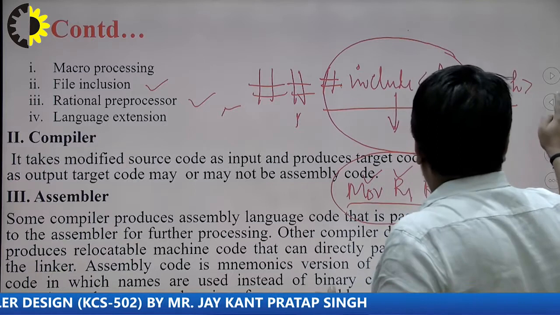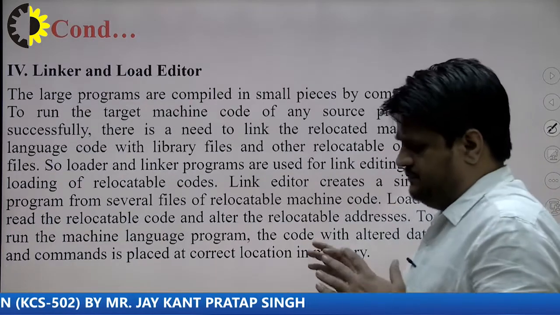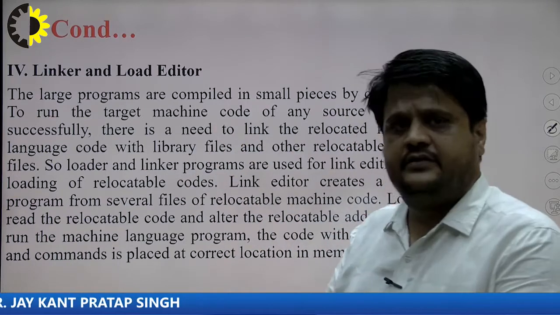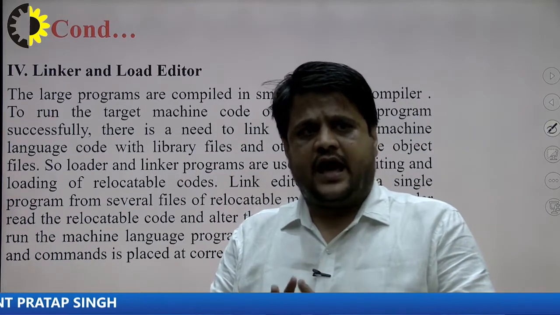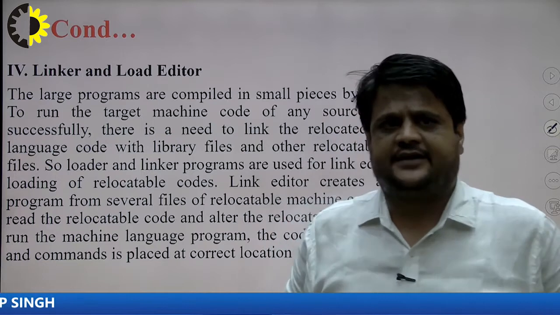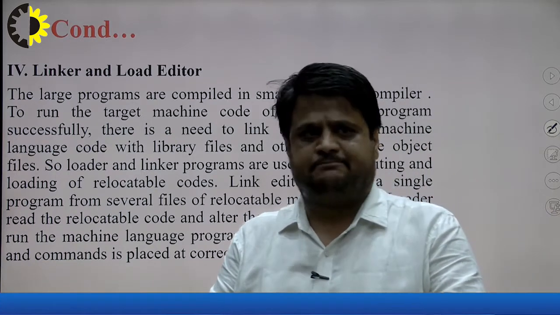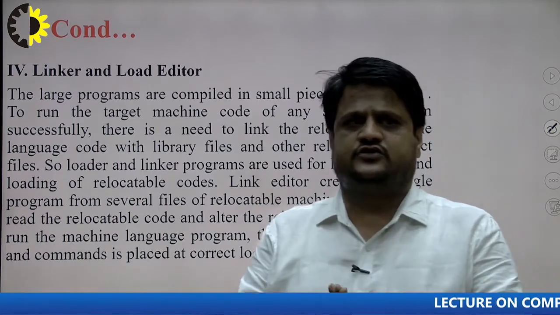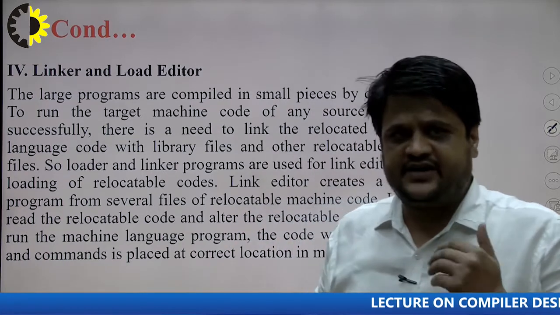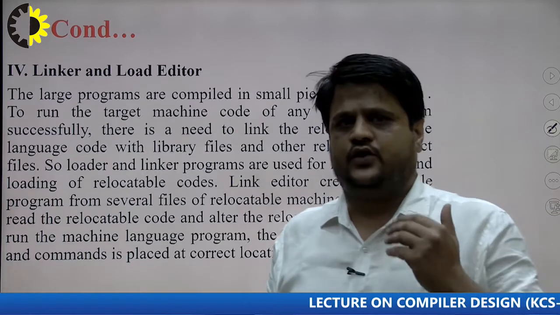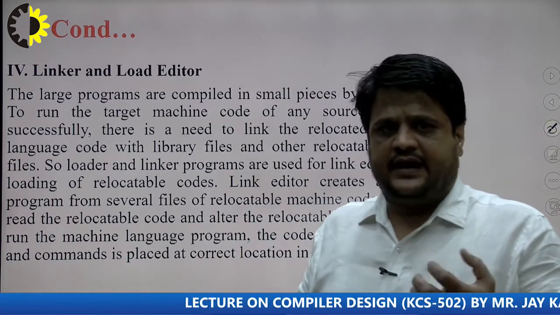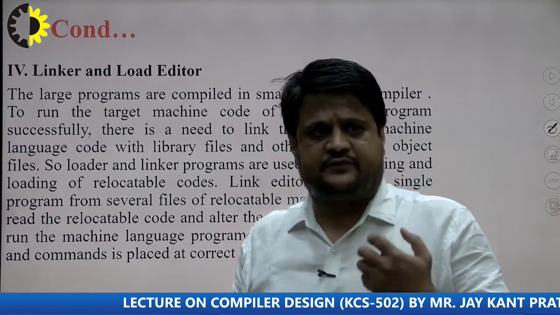The next processor is the linker and loader. Basically, large programs get compiled into small pieces by the compiler. To run the target machine code of any source program successfully, there is a need to link the relocatable machine language code with binary files and other relocatable object files.